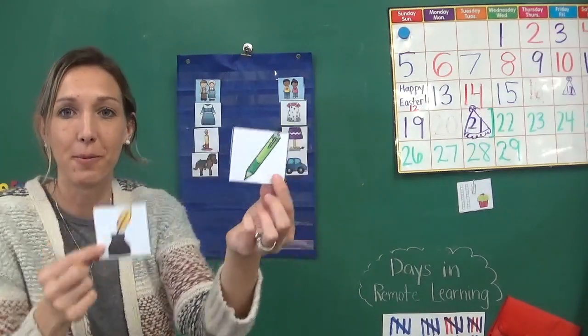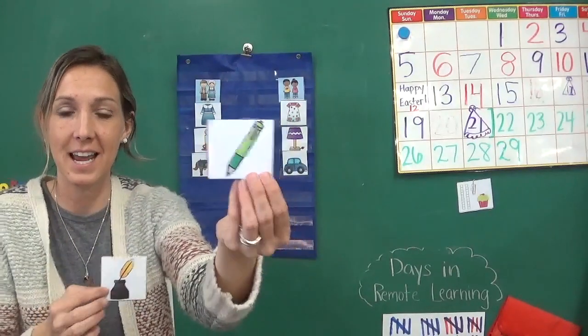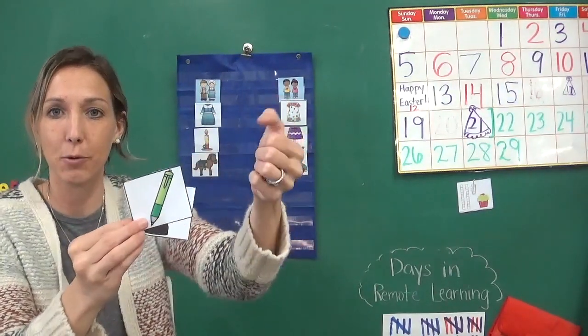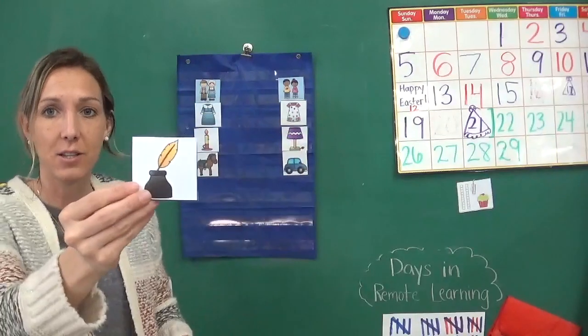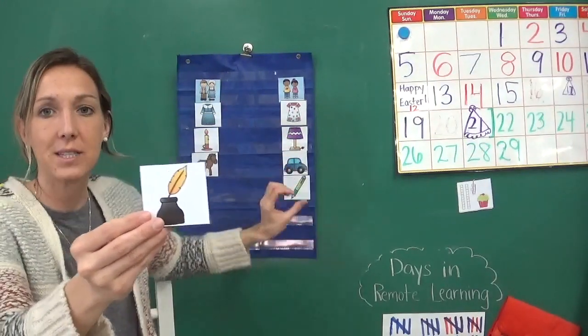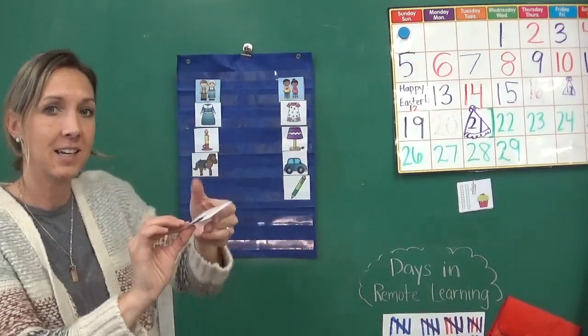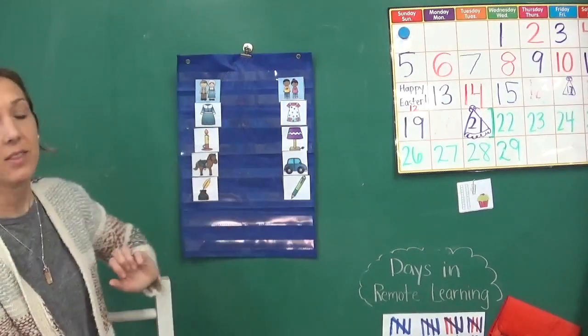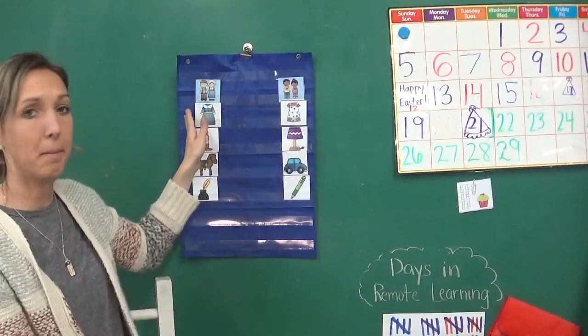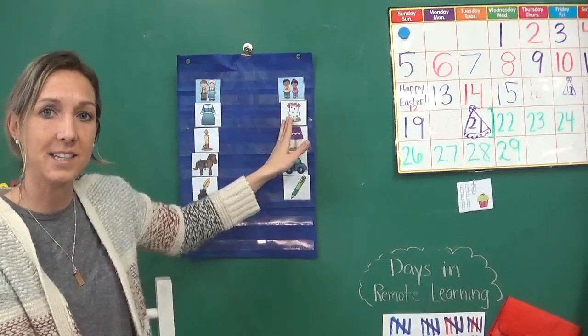Excellent. So we have, of course, we're using these pens now that have the ink, even has the little push top there. And so this was from long ago, or what's another word for long ago? Good, past, the past. So here are some pictures from the past and the present.